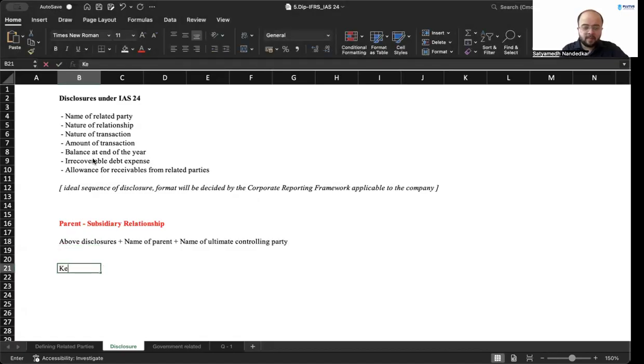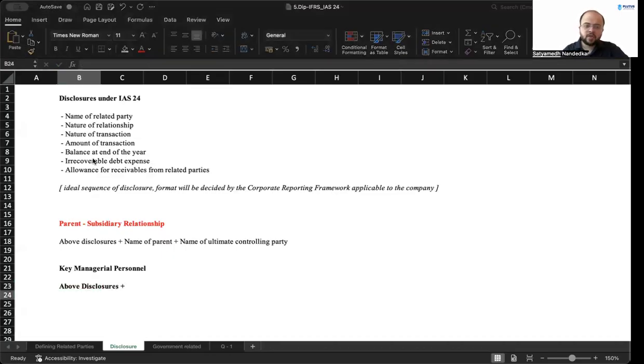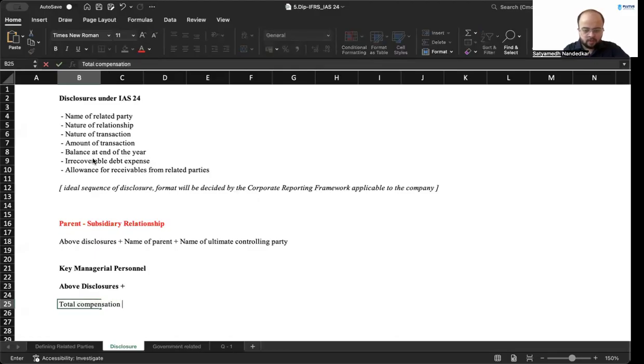And in terms of key managerial person, above disclosures plus total compensation granted has to be broken down into what all?